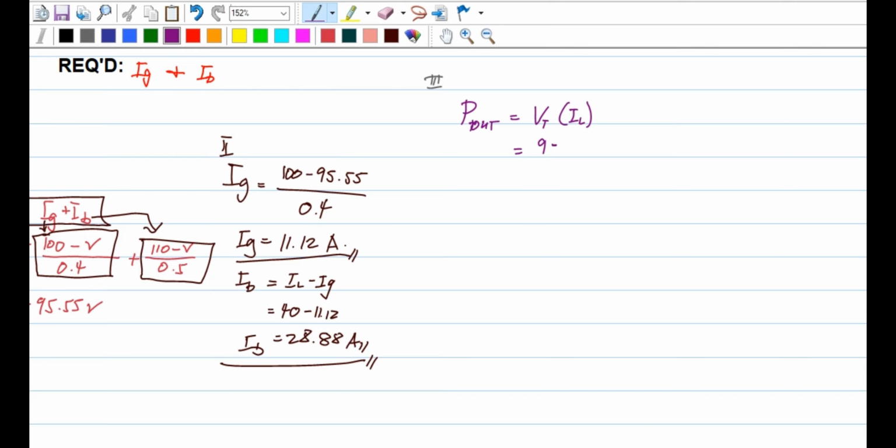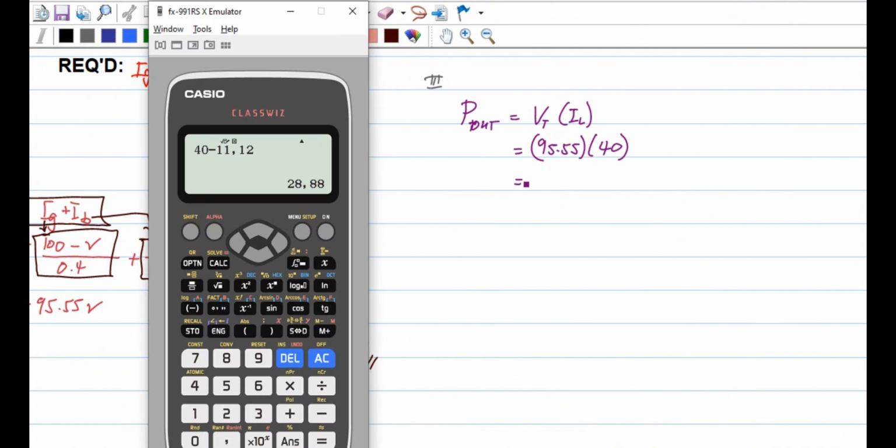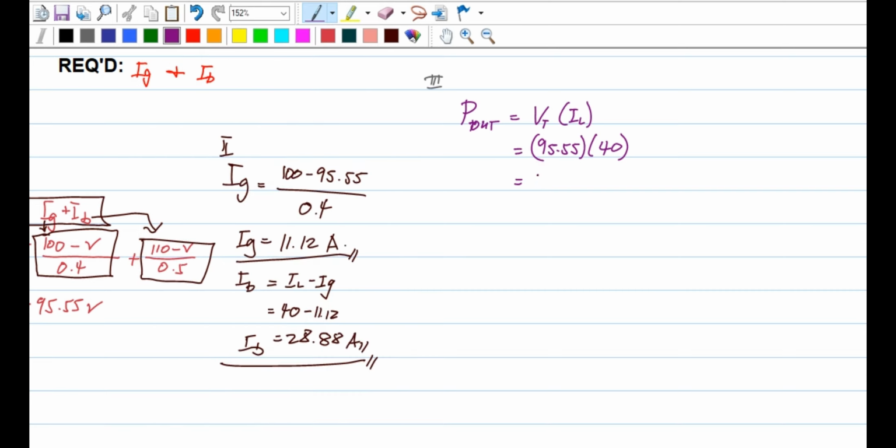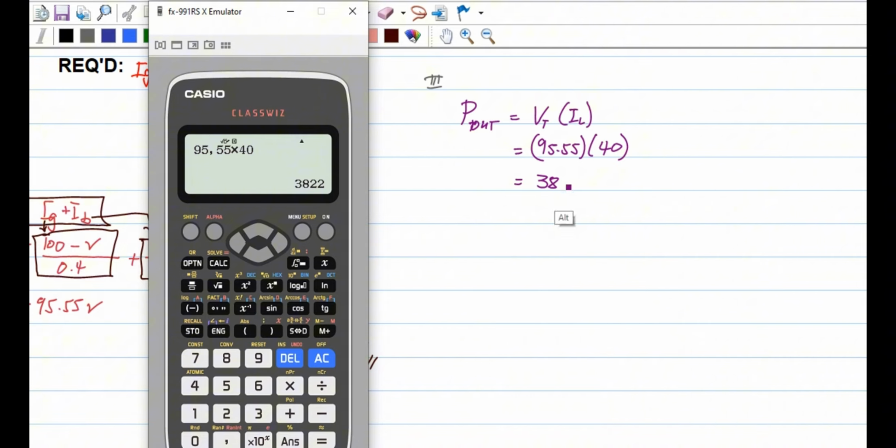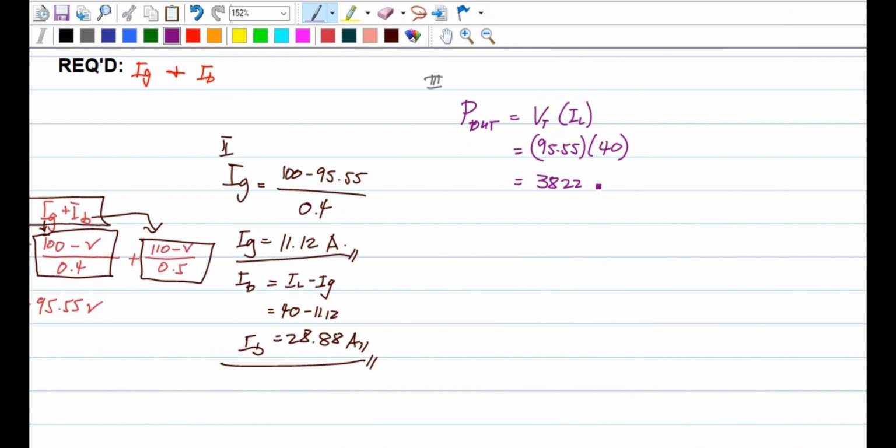We have 95.55 volts times 40, which is equal to 3,822 watts.